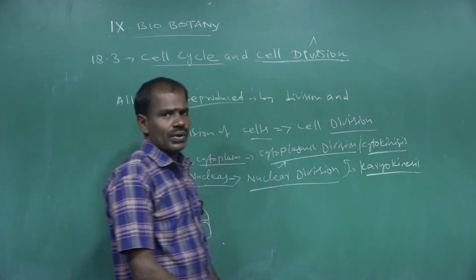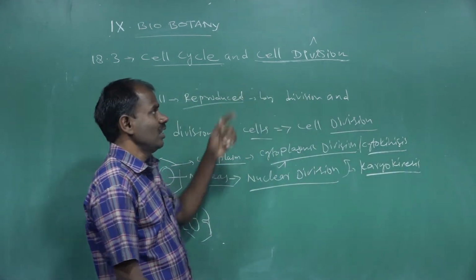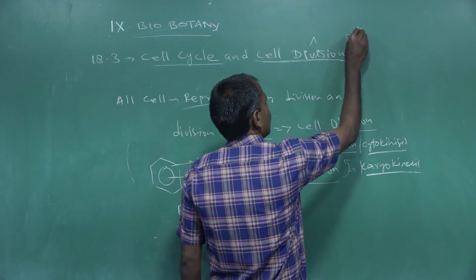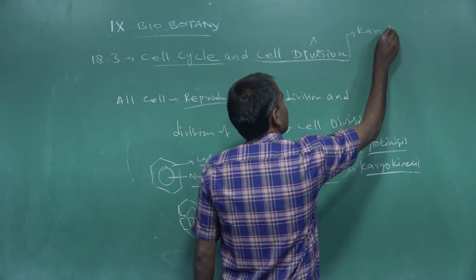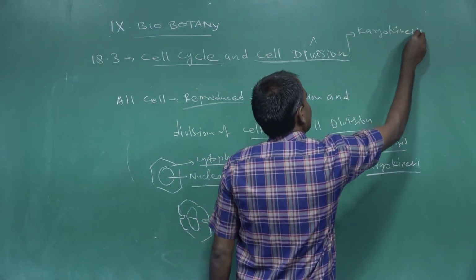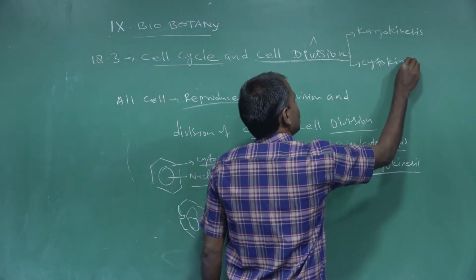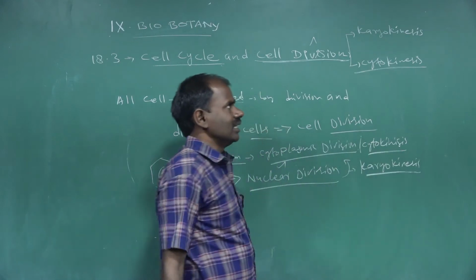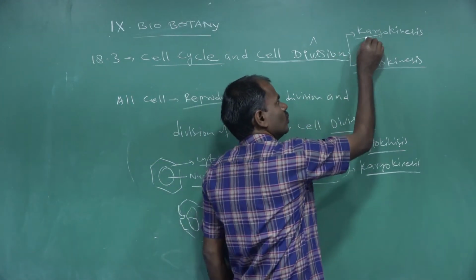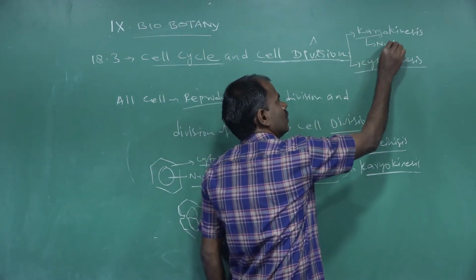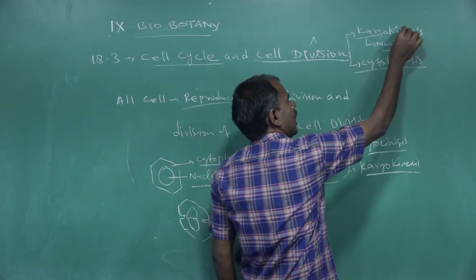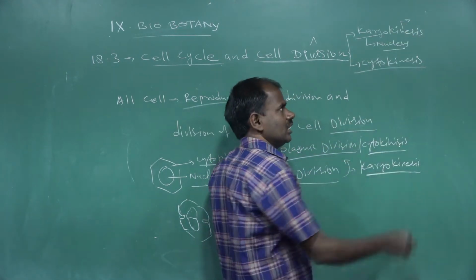Karyokinesis and cytokinesis are the two processes that occur in cell division. The first division is called karyokinesis and the second is called cytokinesis. Karyo refers to nucleus, and kinesis refers to split.